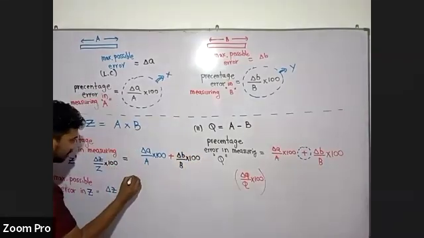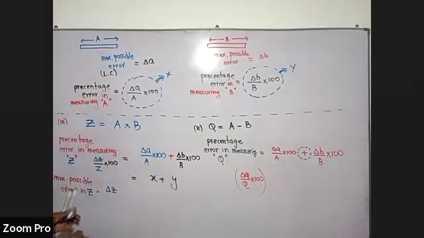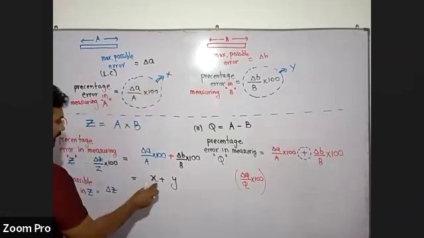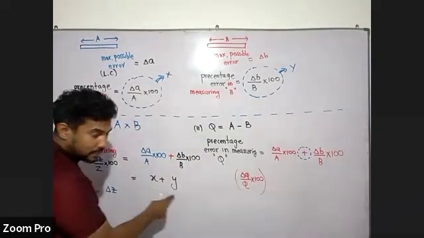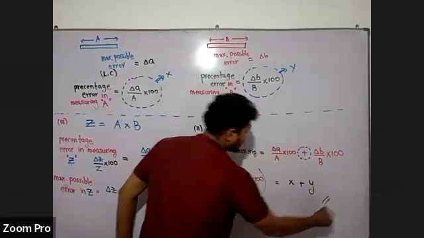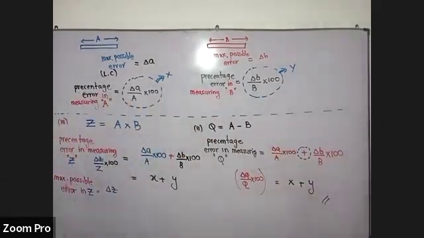So this can be expressed as x plus y. See, because now I am considering this expression as x, that's why I am considering x plus y, right? So in this instance, we can also write this as x plus y. Instead of these two, I am using x and y, right? Okay.